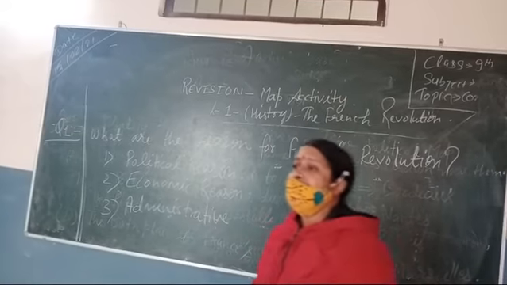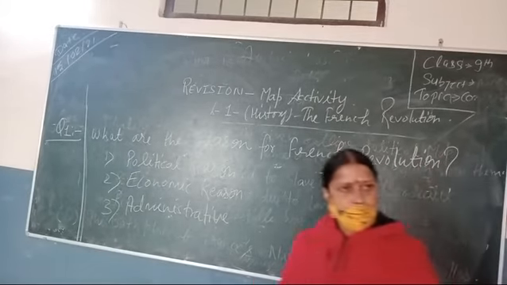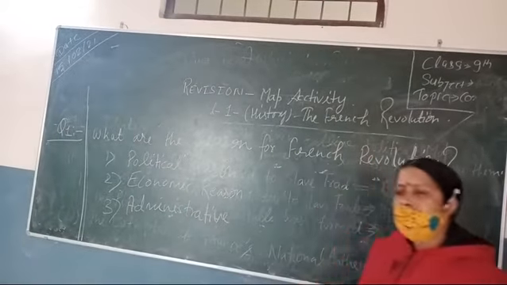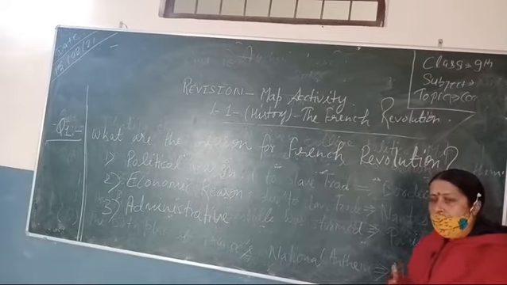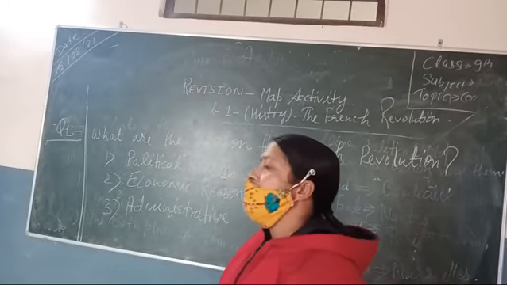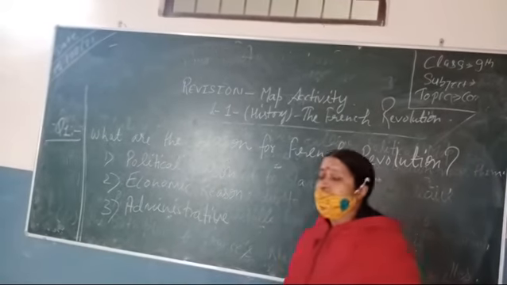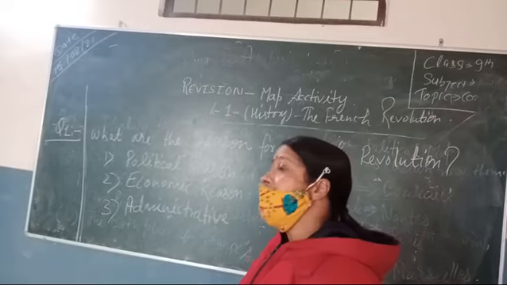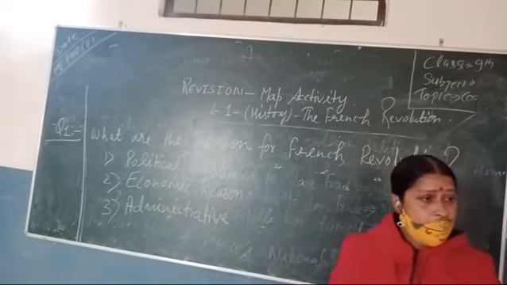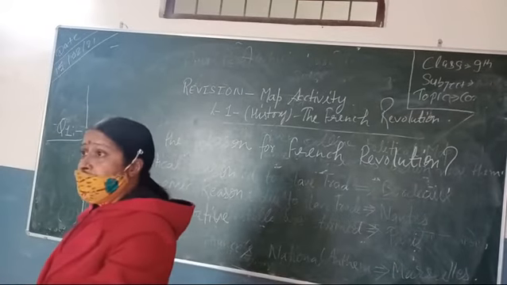The economic reason became a significant point for the French Revolution, as the people of the third estate were suffering from hunger and crop failure. They were not earning suitable wages with which they could feed their family two times. So how can they pay the heavy taxes to the king? How can they pay the heavy burden of taxes to the landlords?